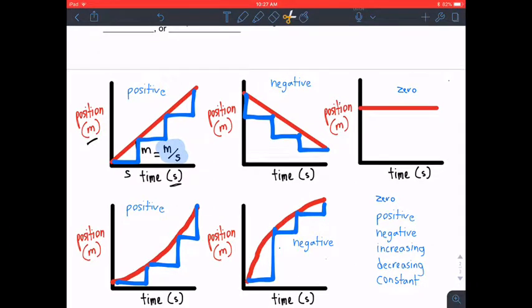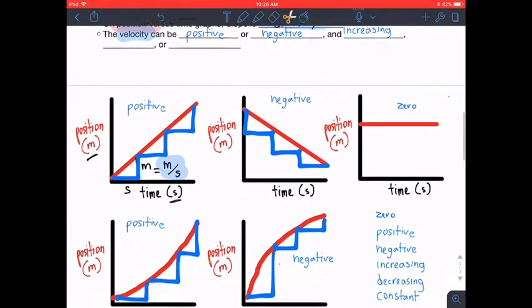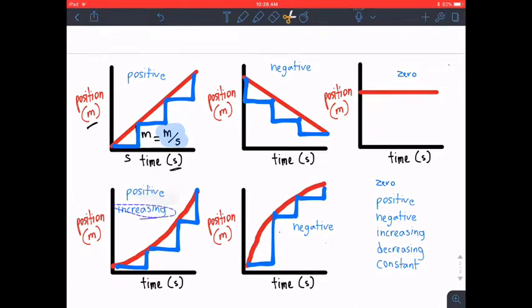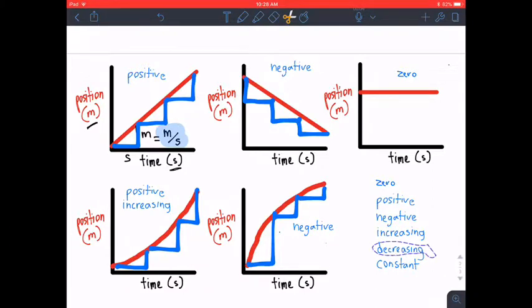Also, the velocity can be increasing, and it is in this situation. You can see that the slope gets greater, it becomes greater, and so this object is increasing its velocity or accelerating. Also, the slope can be decreasing, which it is in this one.